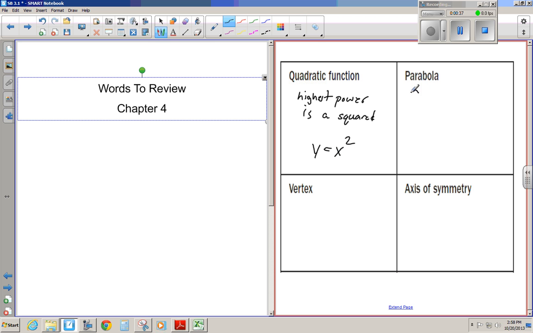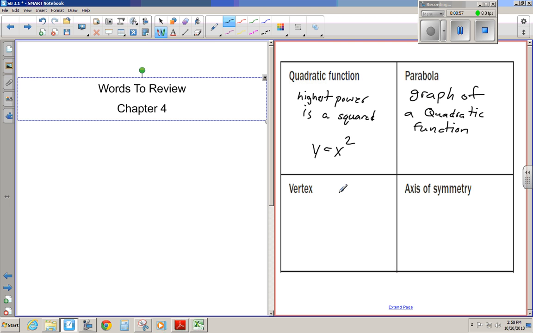A parabola is what is called the graph of a quadratic function.